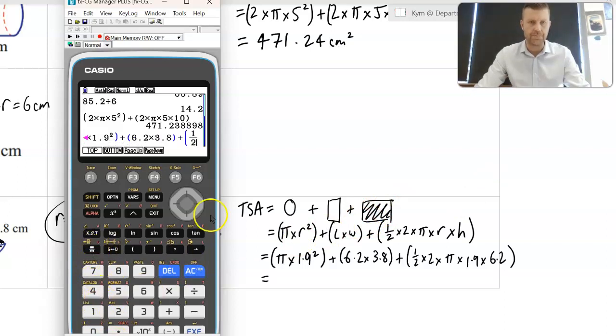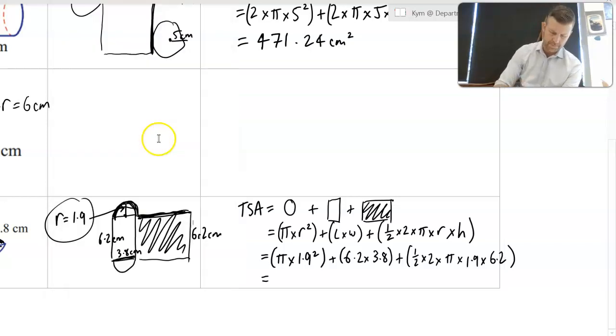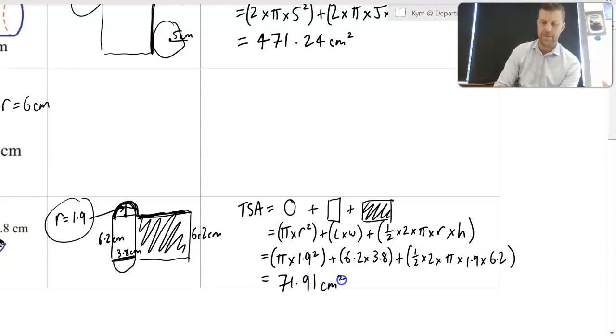So half times 2 times pi times 1.9, the radius, times the height, which is 6.2. Close bracket, equals, and again, to 2 decimal places, in this case, 71.91. And again, it's given in centimeters, and because of the area, it's squared.